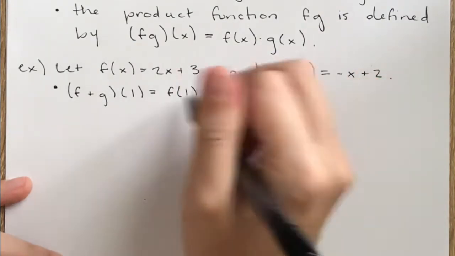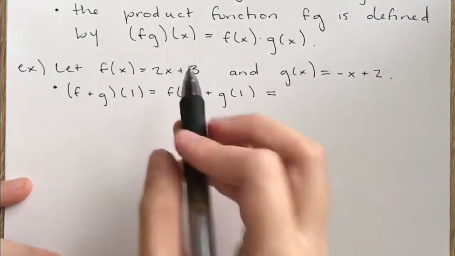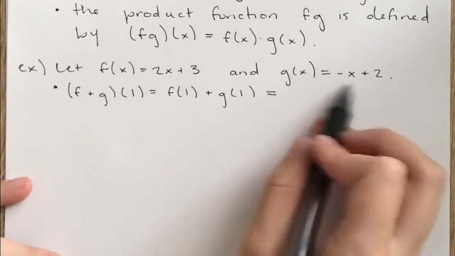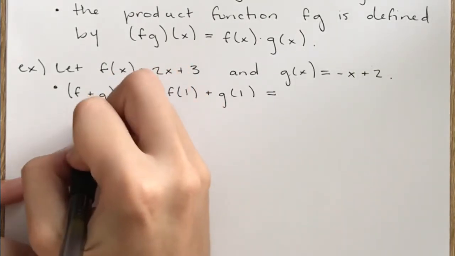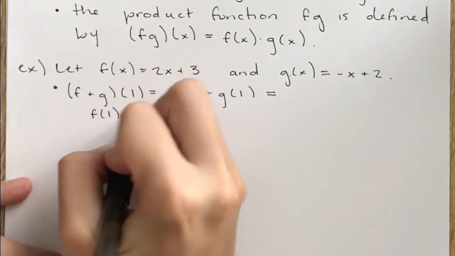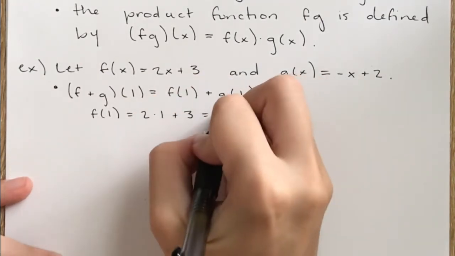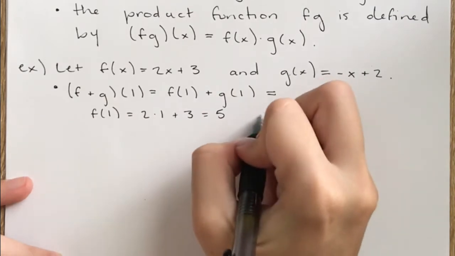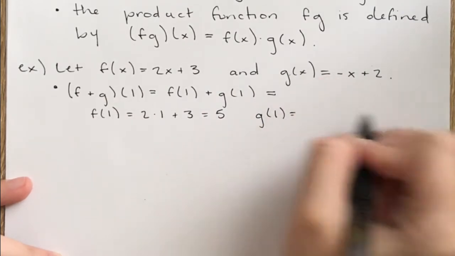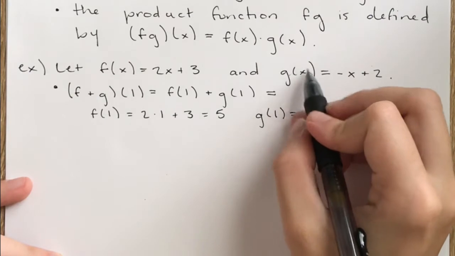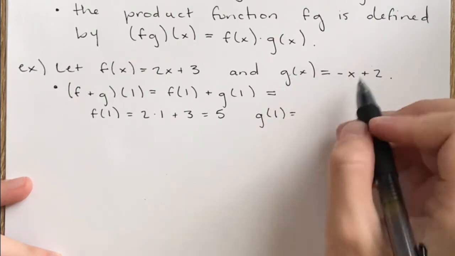What are these? How do we find them? Well, pretty simple. We just plug 1 into f and 1 into g, just like we normally would. So f of 1 is 2 times 1 plus 3, which is 2 plus 3, which is 5. G of 1: we replaced x with 1 here, so we need to replace x with 1 here.